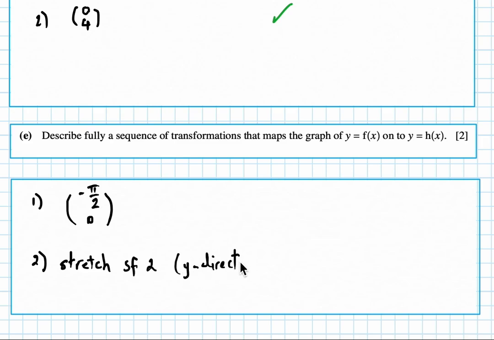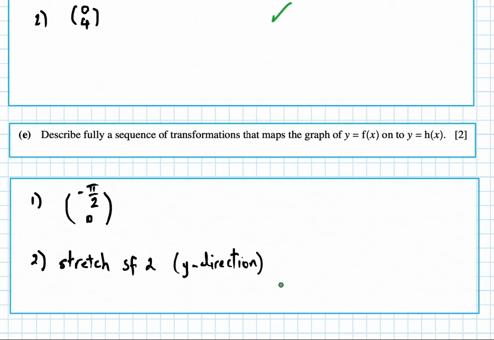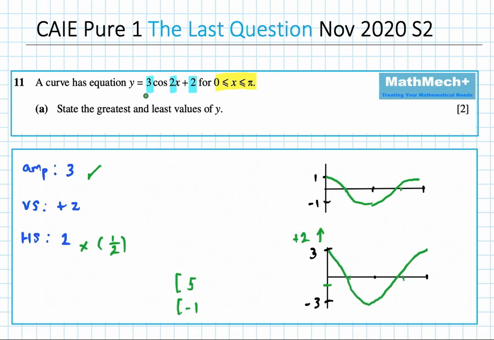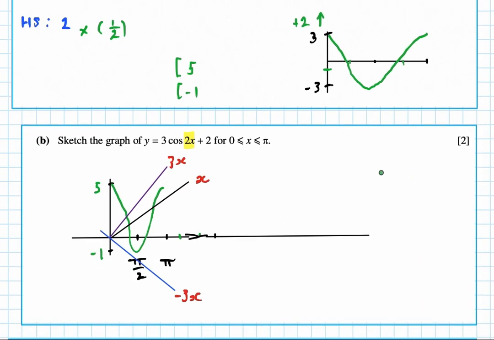And that's pretty much it. Just be careful with the combinations of horizontal and vertical shifts, or transformations, I should say, for those kinds of questions. Okay, and that's the full lot. That's the last question for that November 2020 Series 2.